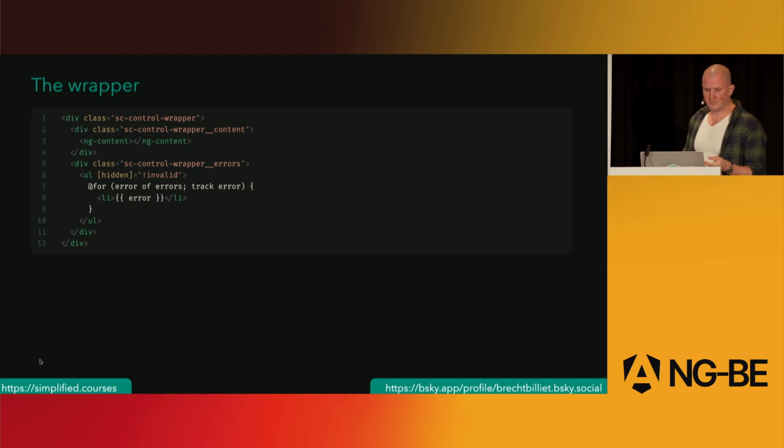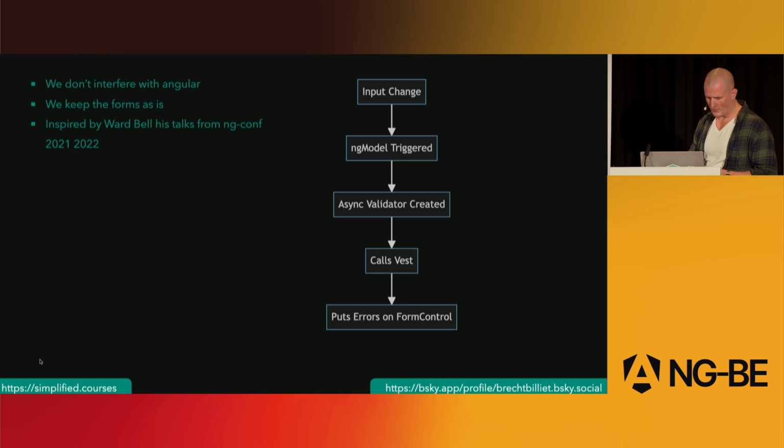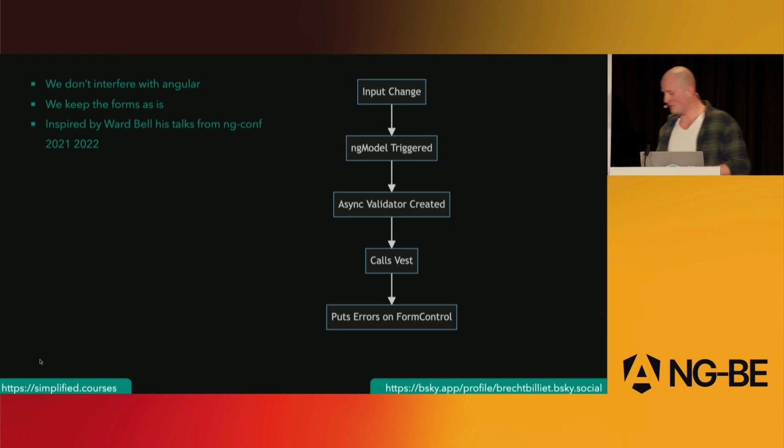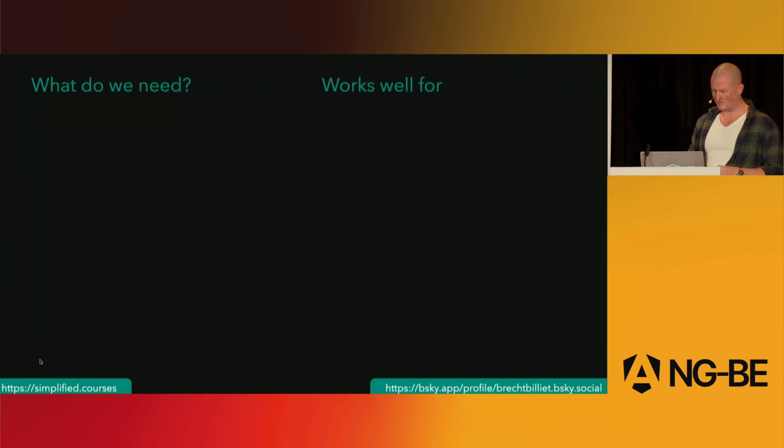So again, this is kind of easy. Does content projection, loops over the errors, and just renders them. So we don't interfere with Angular. We keep the form as is. Basically, the input changes, the ng model gets triggered. Async validator is created. It calls vest and puts errors on the form control.